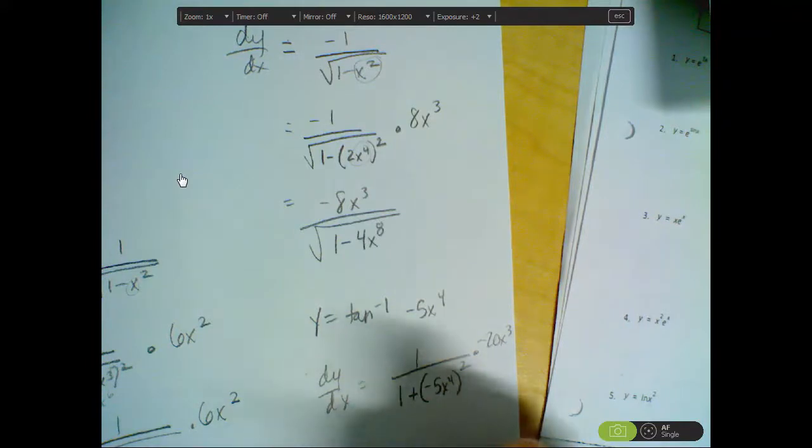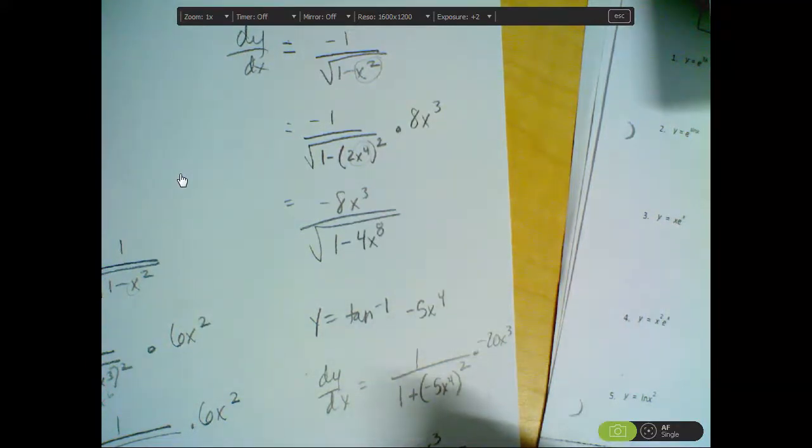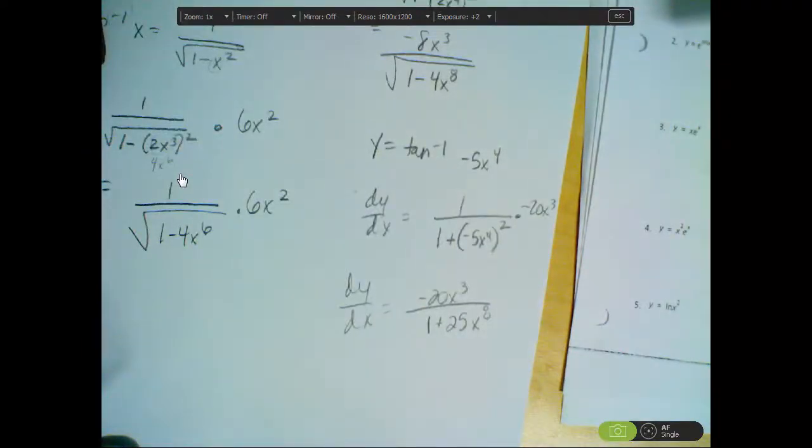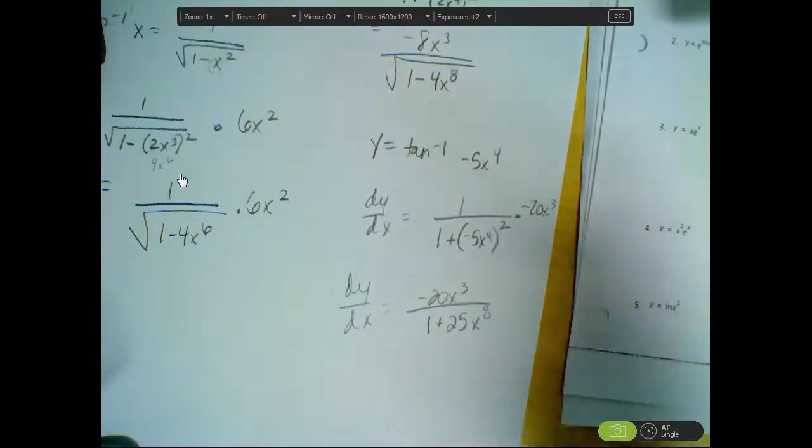Simplified, negative 20x cubed over 1 plus 25x to the 8th. And that is all. Those are all 3. Just remember to do the chain rule and memorize those derivatives.